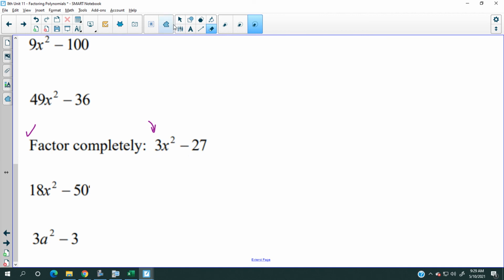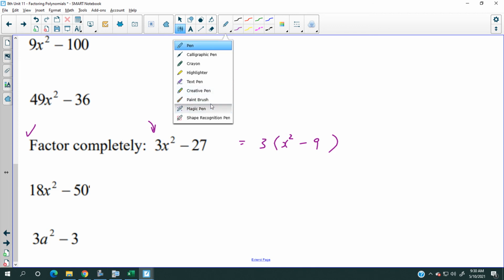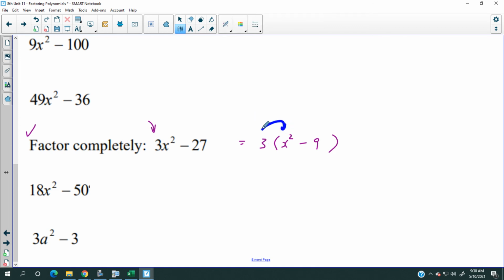So what I'm going to do is I'm going to rewrite that. I'm going to factor out the 3, so that leaves this with x squared, and that's minus, 27 divided by 3 is 9. So I could check real quick, 3x squared and negative 27, 3x squared minus 27.